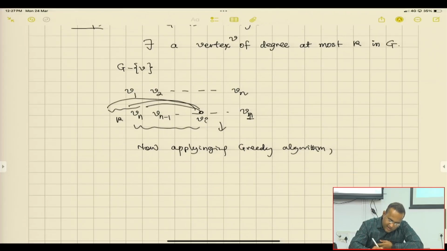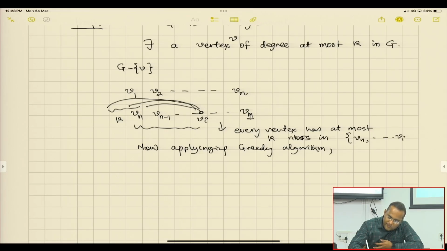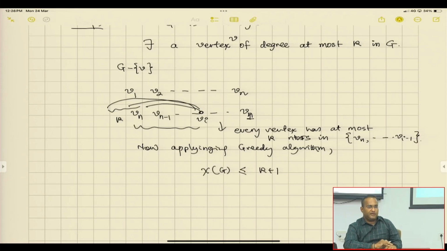In this ordering every vertex has at most k neighbors. So by applying the greedy algorithm we can say that chi of G will be at most k plus 1.